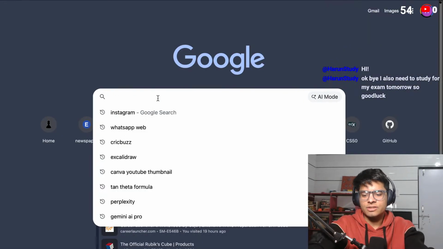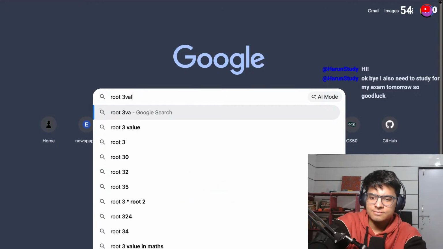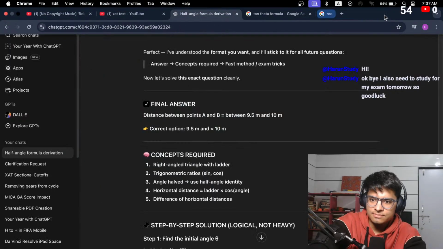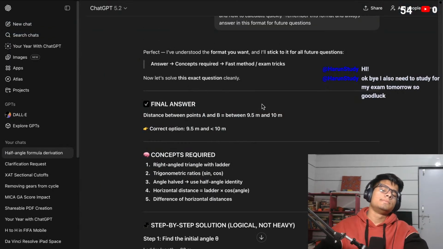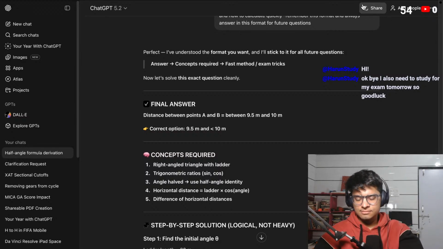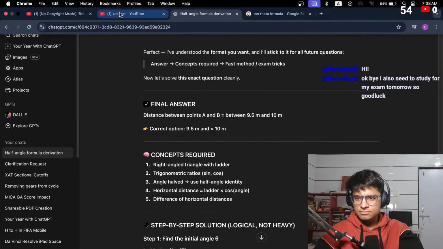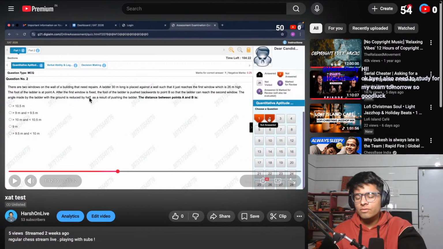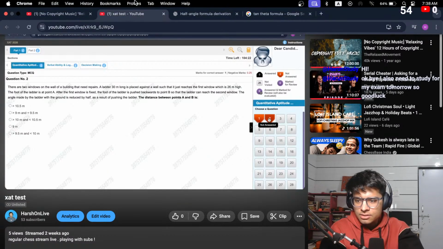What is the root 3 value then? It is 1.73. Greater than 9.5, smaller than 10.